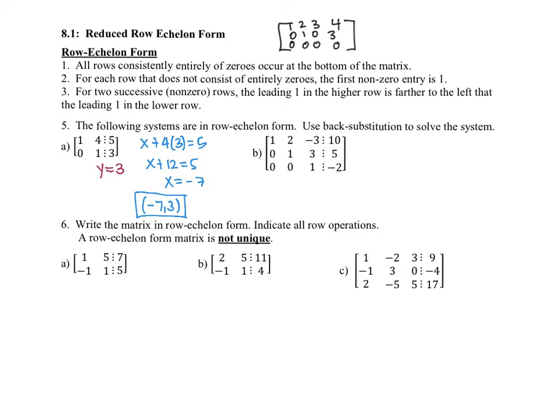And that was very easy because it was in row echelon form. So for B, it's the same idea. It is in row echelon form, which means if I start with the bottom row and work up, I can do back substitution. So x, y, z, this is z equals -2. If I go to the second row now, I have y plus 3z equals 5.